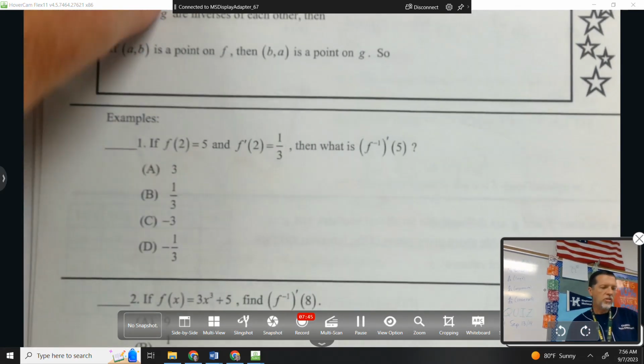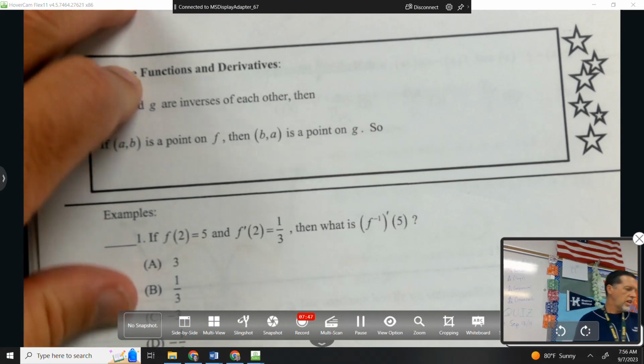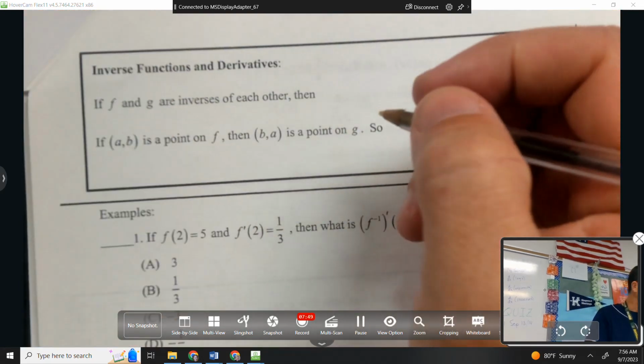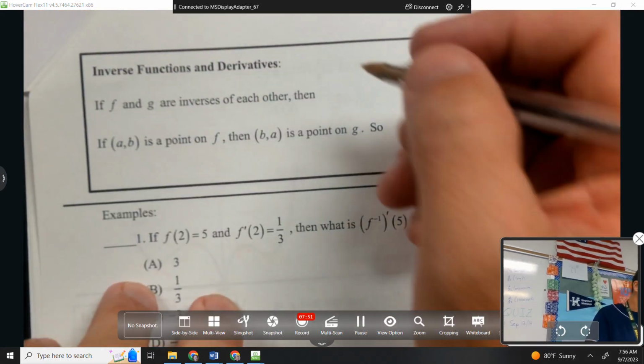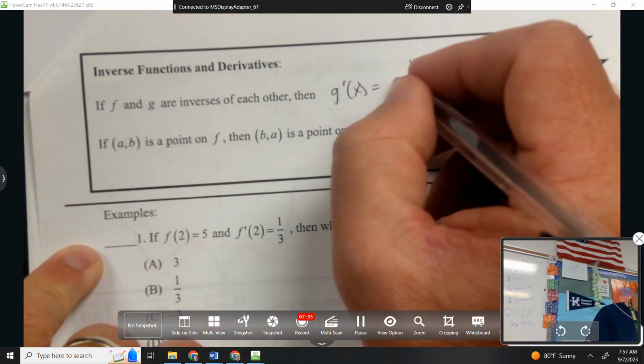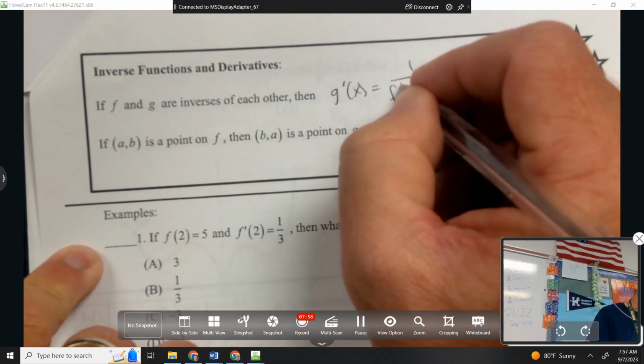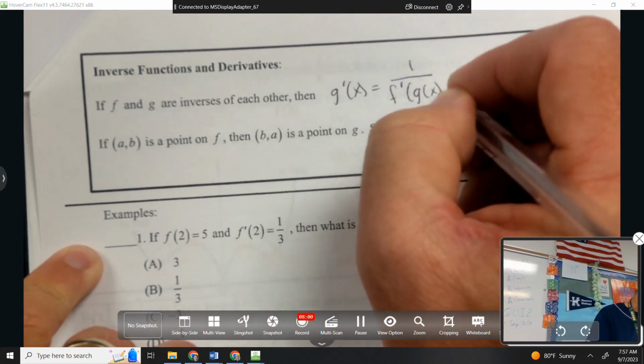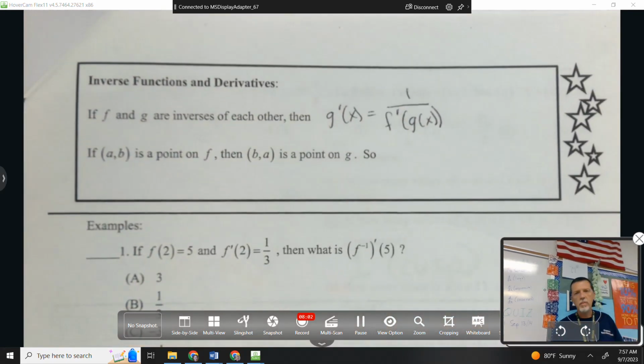All right, if f and g are inverses of each other, then g prime, so the derivative of g, is 1 over the derivative of f, because inverses switch x and y.